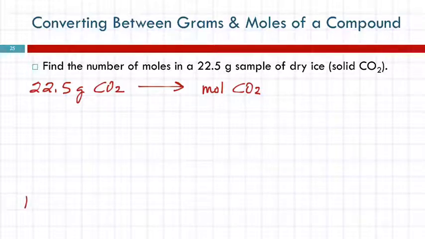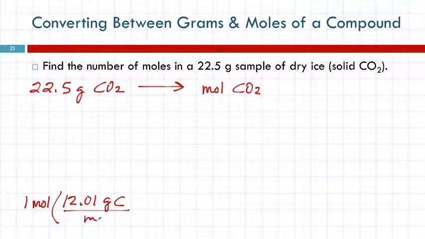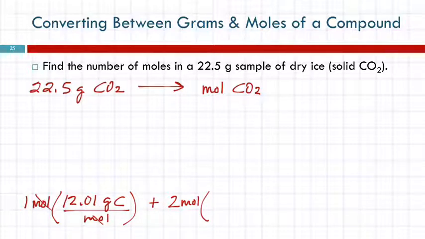So I've got 1 mole. I'll show you how strictly the units work out here. I've got 1 mole times 12.01 grams of carbon per mole, and I've got 2 moles of oxygen, 16.00 grams per mole.